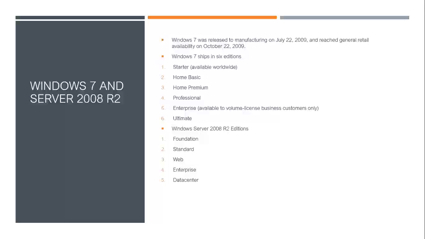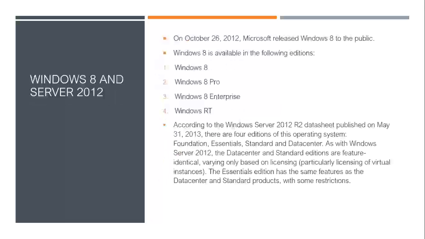After that, Windows released Windows 8 on October 26, 2012. There are four editions in Windows 8: Windows 8, Windows 8 Pro, Windows 8 Enterprise, and Windows RT.